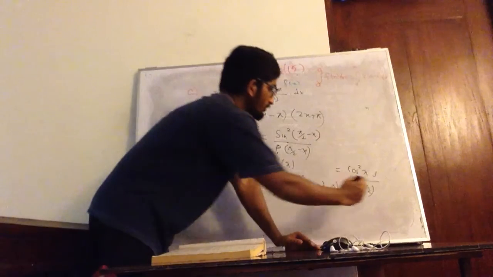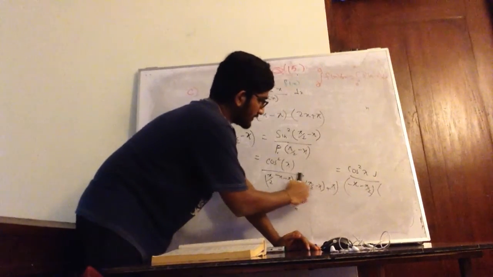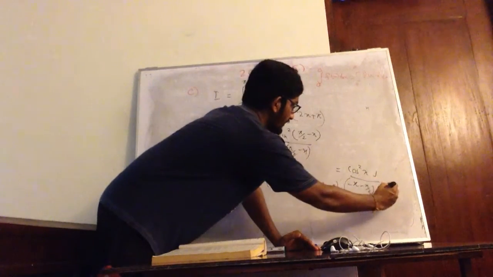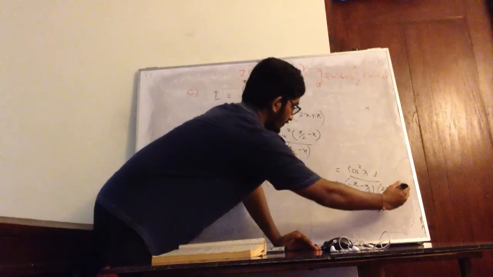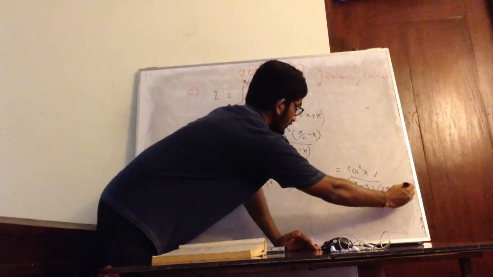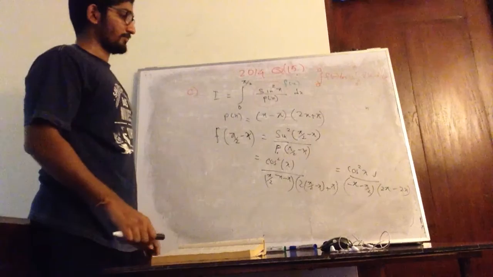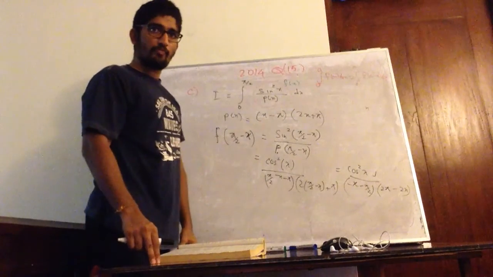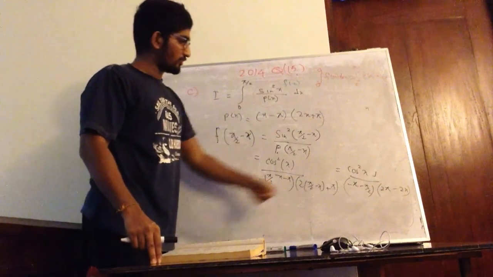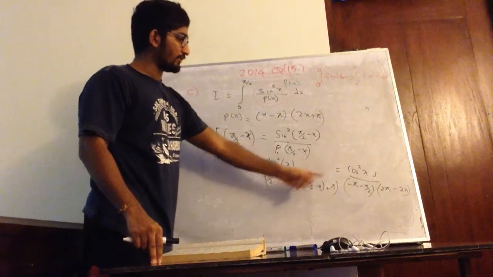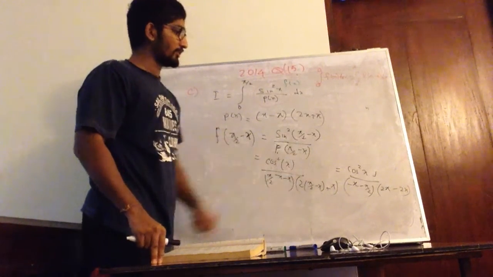These get cancelled out, and we get 2 pi minus 2x.